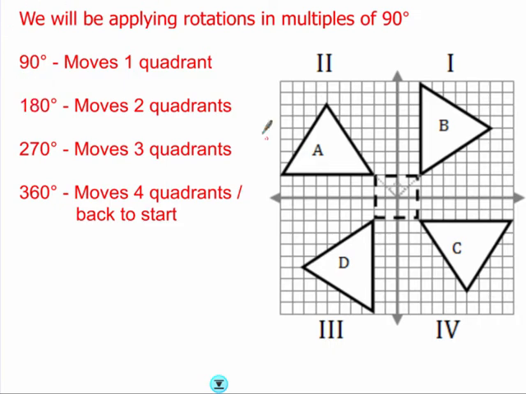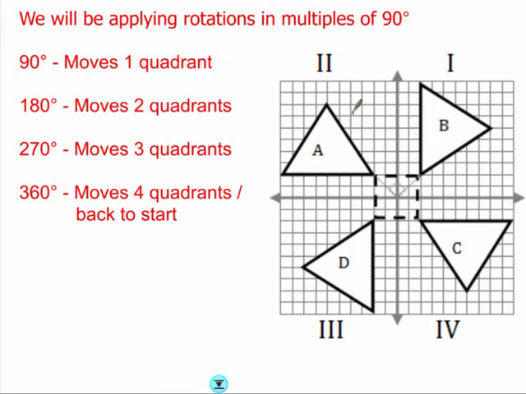So for our rotations, we're always going to be doing our rotations in multiples of 90 degrees. So the way this works is if you're doing a 90-degree rotation, it moves your shape exactly one quadrant.